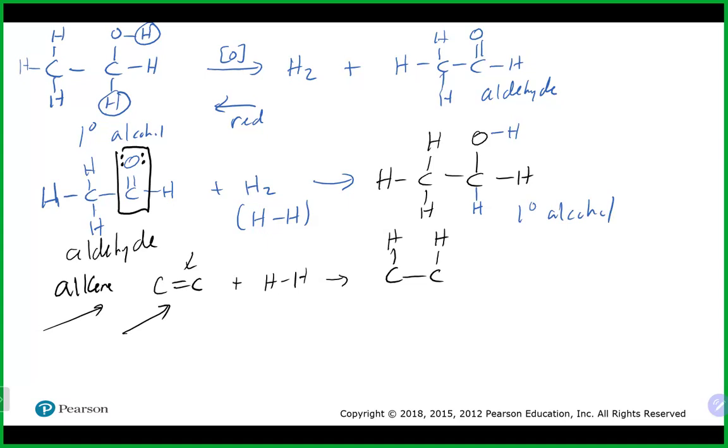Now, this is the same sort of thing that happens with a ketone as well. So you could do this with a ketone. And if we look at our ketone, again, a reminder of how we got our ketone in the first place. To make our ketone, we're going to take a secondary alcohol.